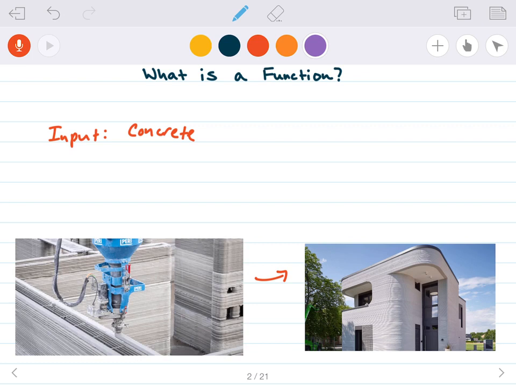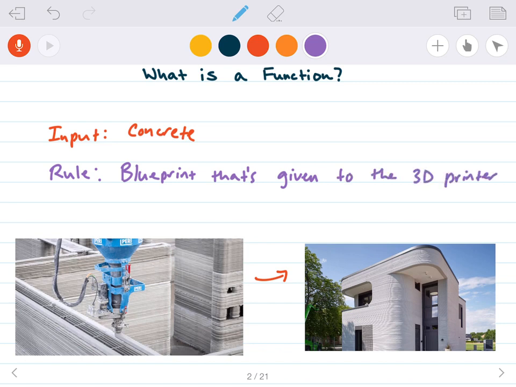Okay, so a function has three things. The first one's an input. The second one is the rule that directs the input, right? Tells the input what to do. So the rule in this case is the blueprint that's given to the 3D printer. And the last component of a function is the output.